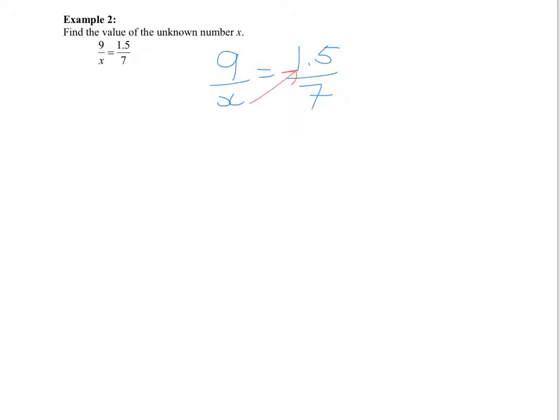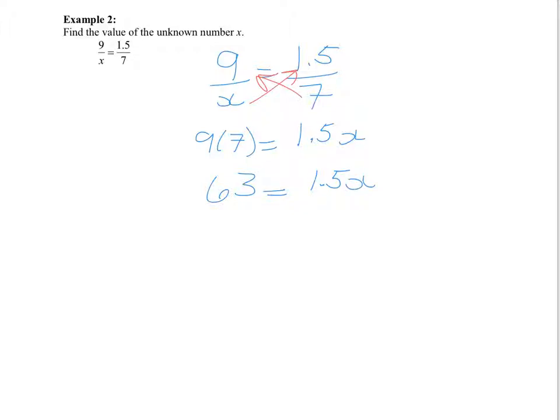And when we do that, remember when you multiply a number times a letter, you just go 1.5 times x. And then we do it to the other side, 9 times 7. We know 9 times 7 is 63, and then we still have 1.5x over here.